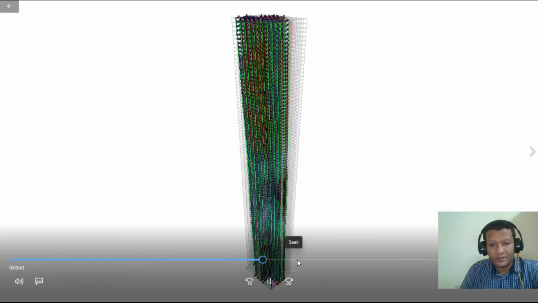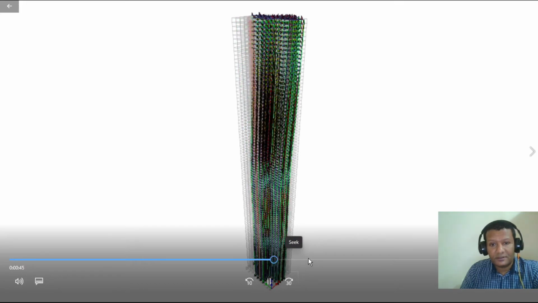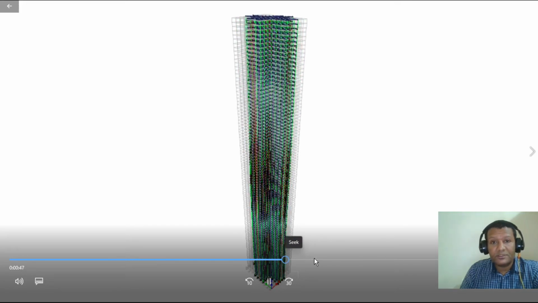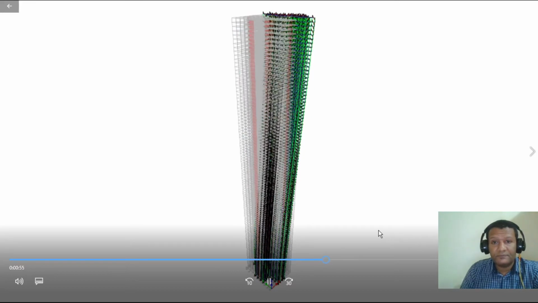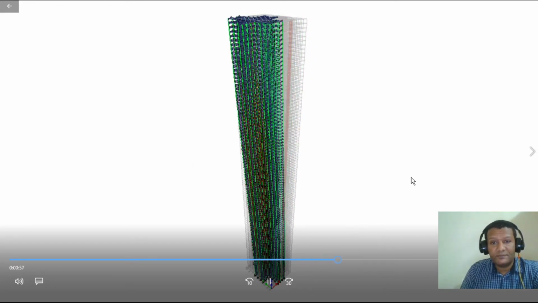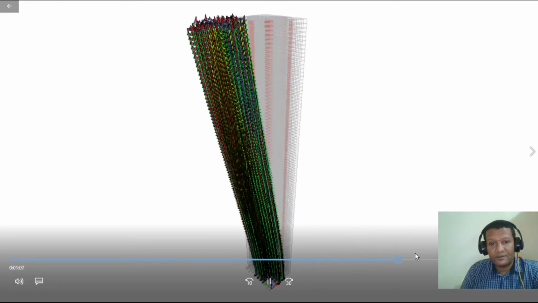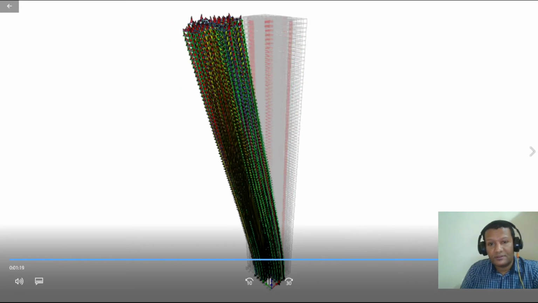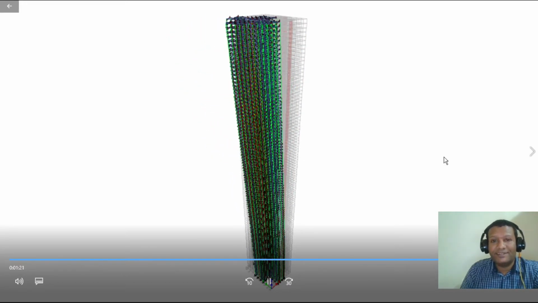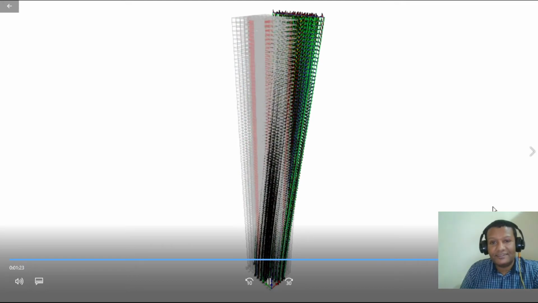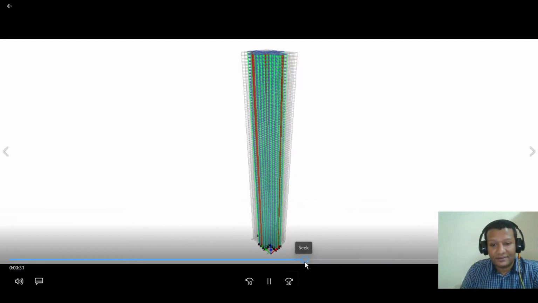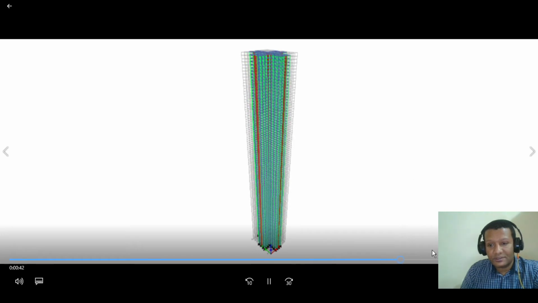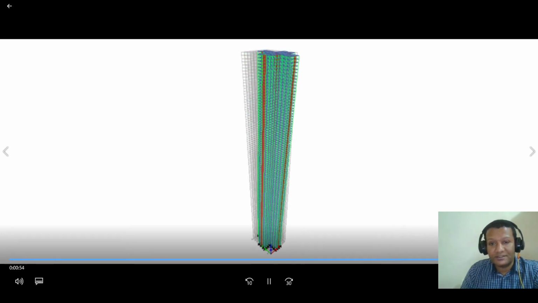This is how the bending moment is changing. This is just the magnified response. This is also the response of the structure.